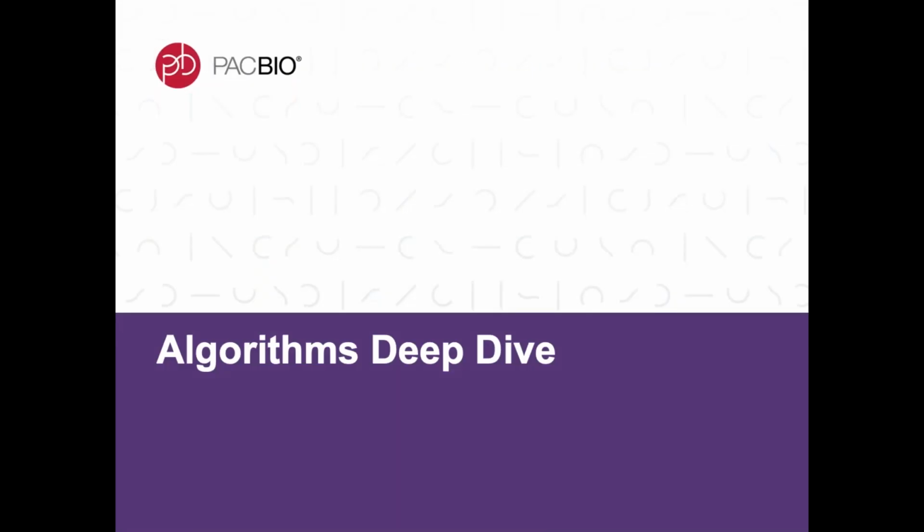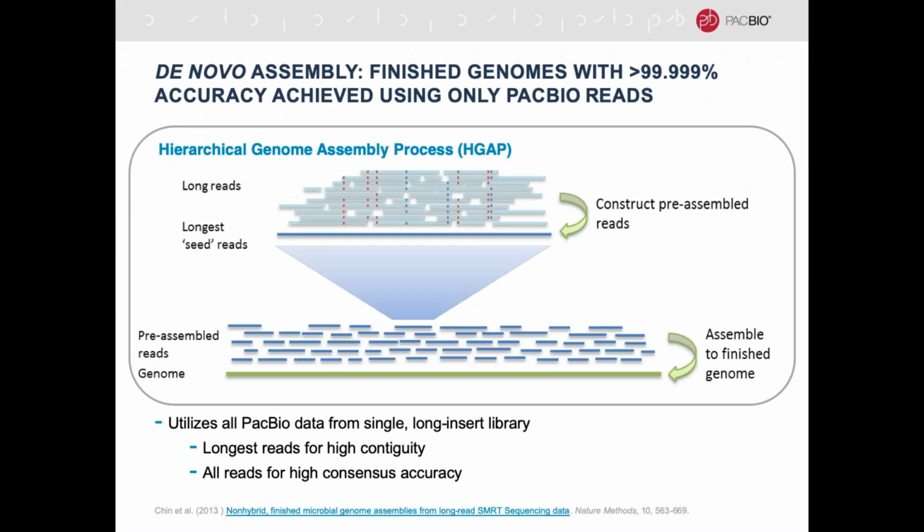Okay, so how is this working? What's going on under the hood here? Our traditional assembly process that you may be familiar with is the hierarchical genome assembly process, or HGAP. Our latest release has been HGAP4, and that has traditionally worked pretty well for assembling a wide range of genome sizes.